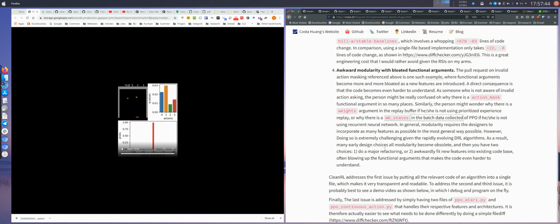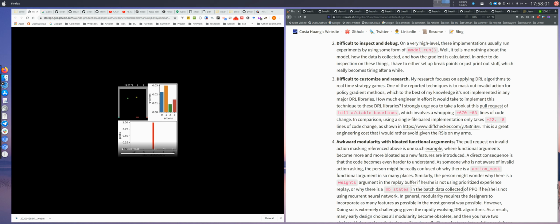And you have to either do a major refactoring, which costs significant effort and testing. Or secondly, if you decide not to do a major refactoring, you have to awkwardly fit new features into the existing code base, as is shown in the pull request for the invalid action masking, which again is also not preferable because it makes the code harder to understand.